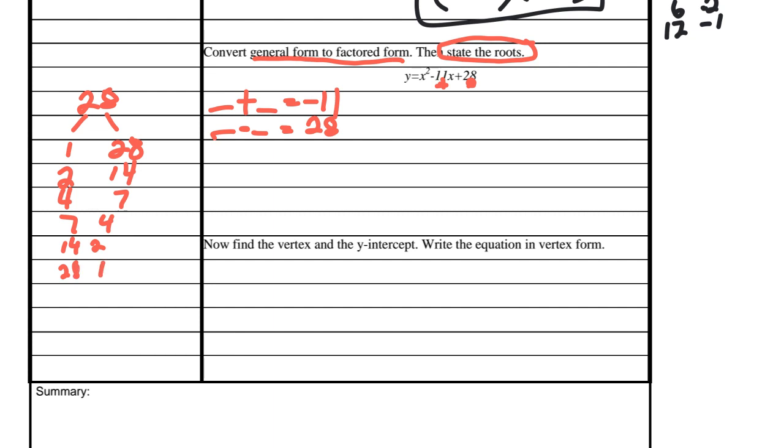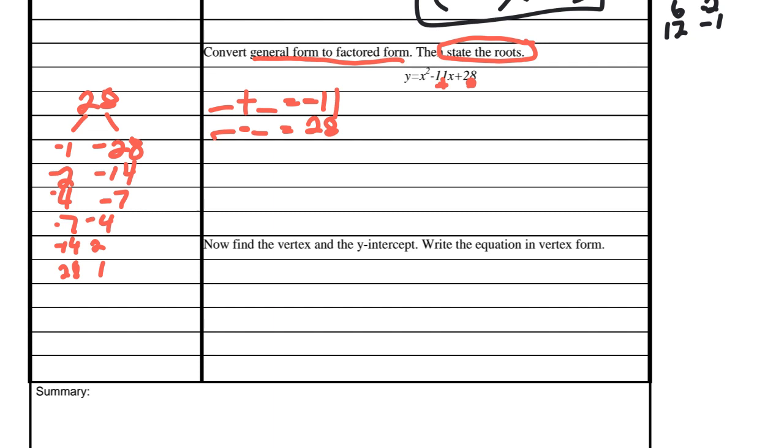Okay, but notice that when I add all these up, I'm going to get a positive number. But I want that to actually be a negative 11. So that means I have to recall my lovely operation skills and know that a negative times a negative is also going to get me a positive 28.